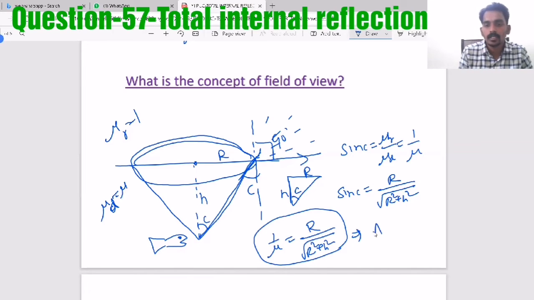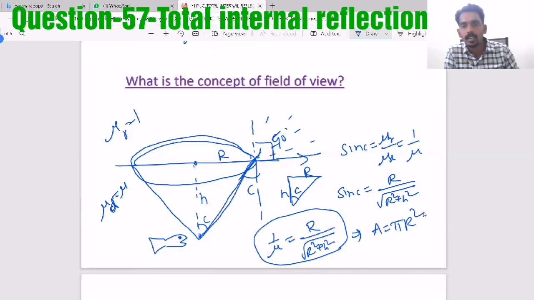Sometimes they will also ask for the area. What is the area of the field of view of a fish? Or sometimes they will ask the same question in another way. Imagine one bulb placed at the place of the fish, and the light is emerging out.